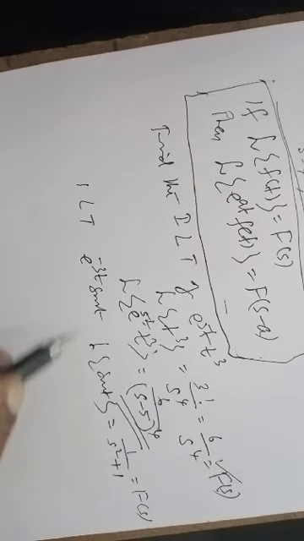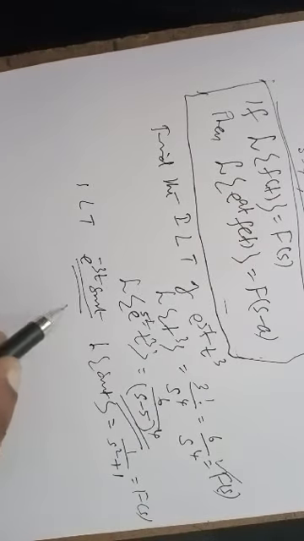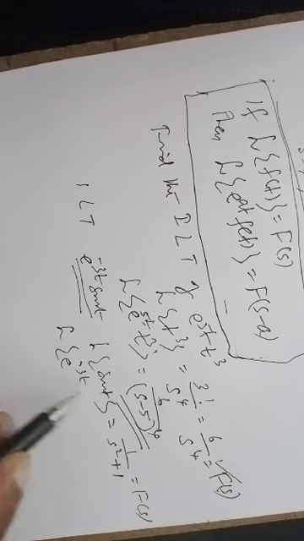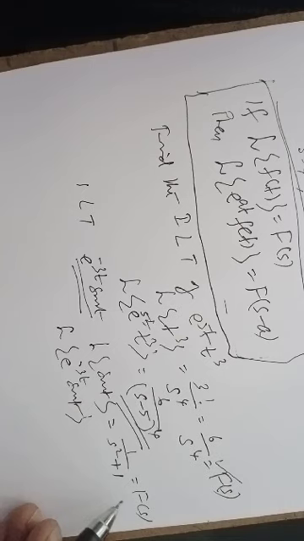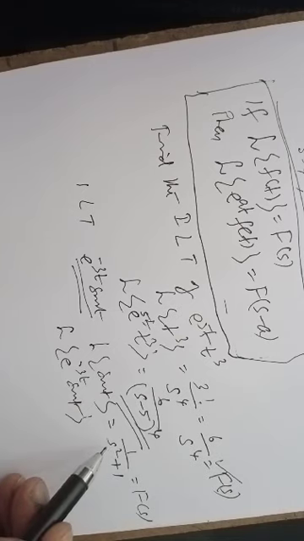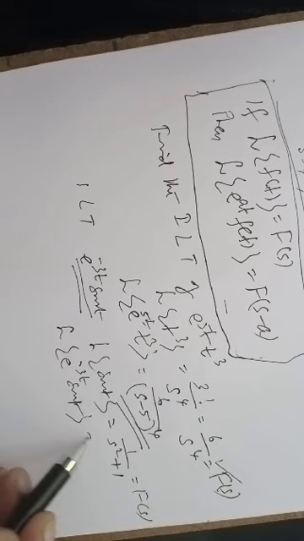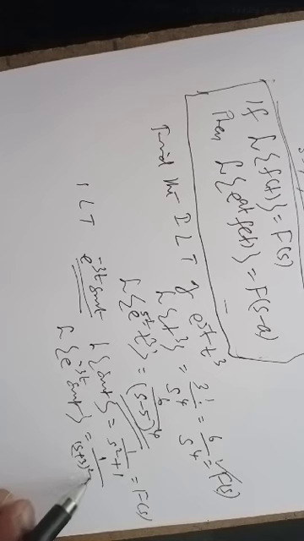But to find this, with e raised to at into sin t, the only change is to change s to s minus a, and a here is minus 3. Now s is changed to s minus minus 3, or s plus 3. Then the answer is 1 by s plus 3 whole square plus 1.